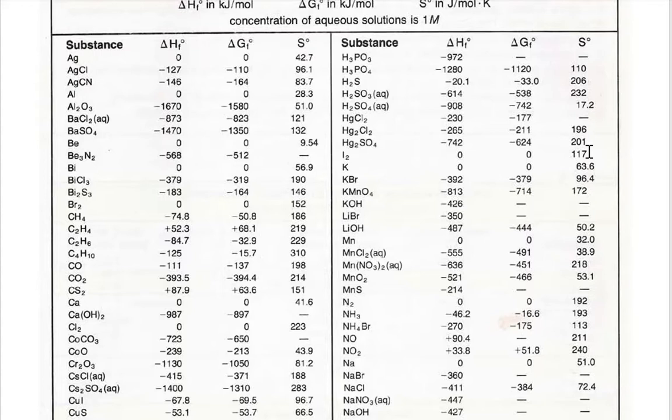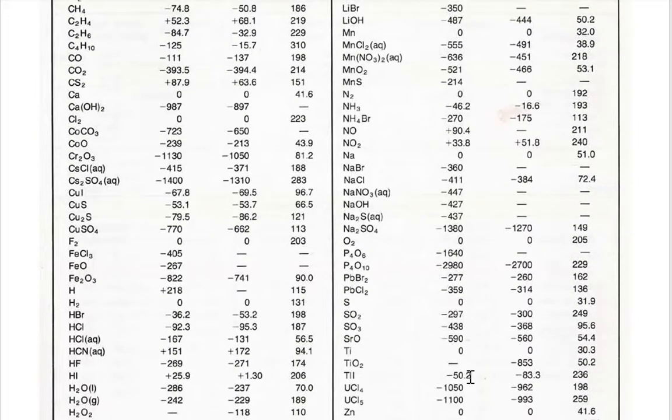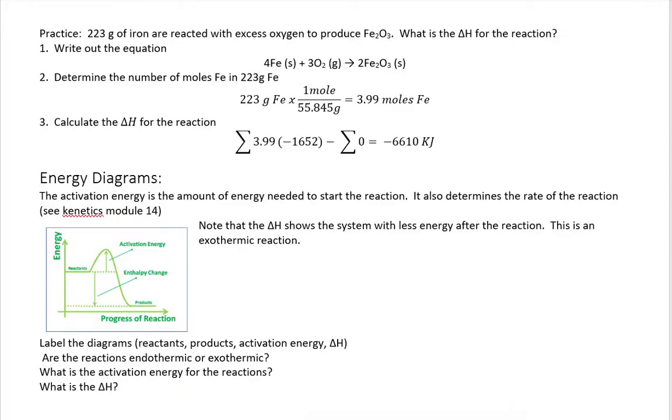So for our equation, our products are going to be iron oxide, one product, and I'm going to come down here and find that. So for iron oxide, our delta H of formation is negative 822. And we're going to plug that into our equation. Remember, we just calculated the number of moles. And so our equation says the sum of the number of moles times the delta H's of formation of our products.